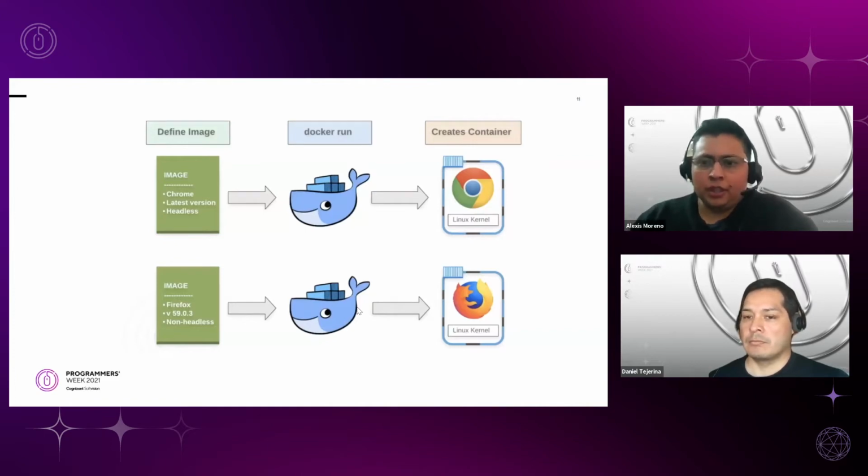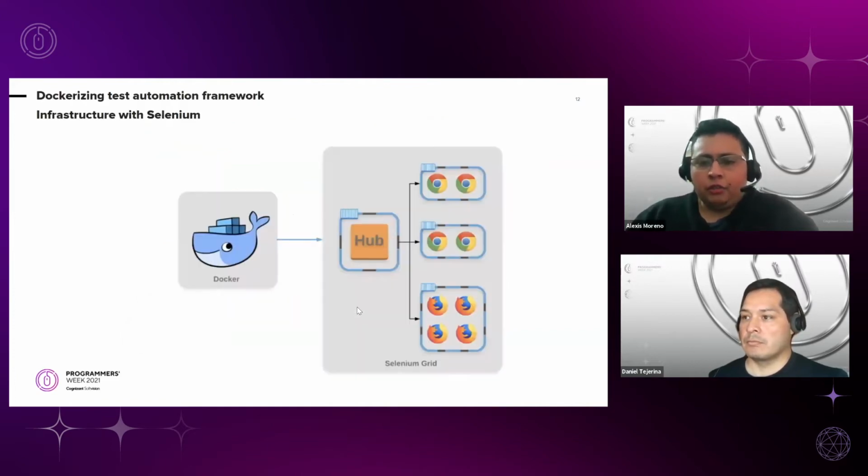On the next slide is basically the idea of what we are going to do. First, we have our test framework on a Docker container, and this container is going to call the hub, that is another Docker container, that has the nodes of the browsers that are other containers.